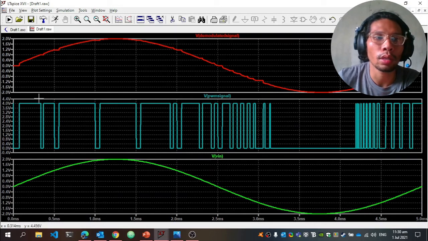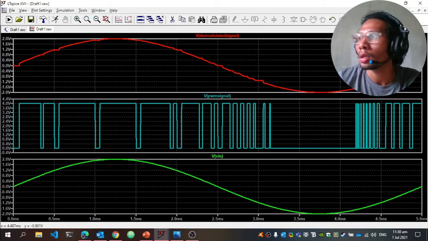From here we can already see that this modulating signal, the green sinusoidal wave, is approximately similar to the extracted, or demodulated, signal from the pulse demodulator circuit.